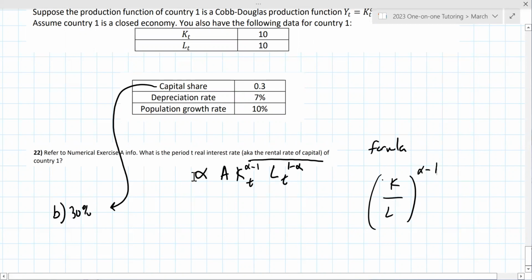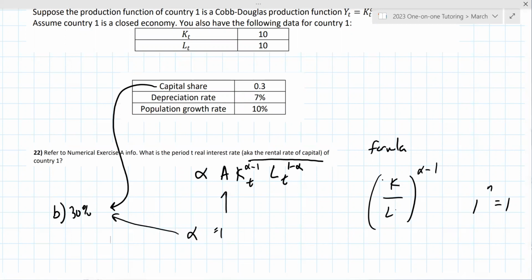Maybe that's why it ends up being the alpha level, because A is 1, and because K equals L, when they're the same, 1 to any power is 1. So it just drops out to being just alpha in this equation, which is maybe why it's B. Okay, maybe that makes sense if it is that.